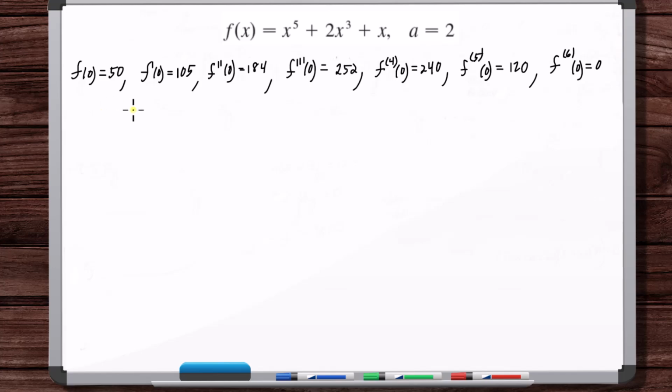Okay, so now let's go ahead and get each coefficient. So this is going to be 50 divided by 0 factorial. So 50, 0 factorial is 1. 105 divided by 1 factorial is 105. 184 divided by 2 factorial is 92.